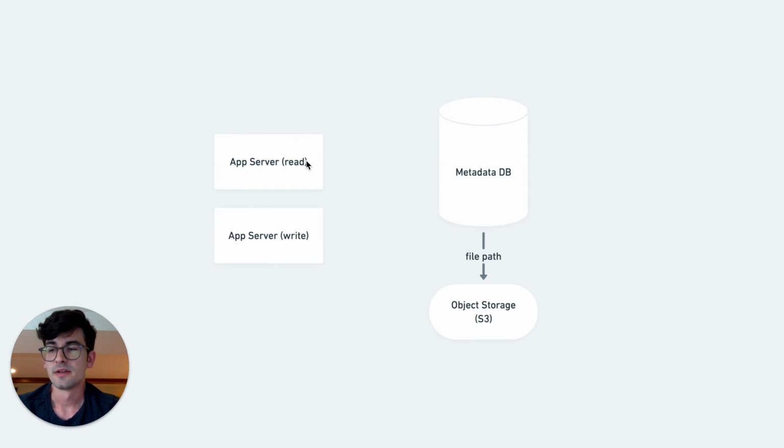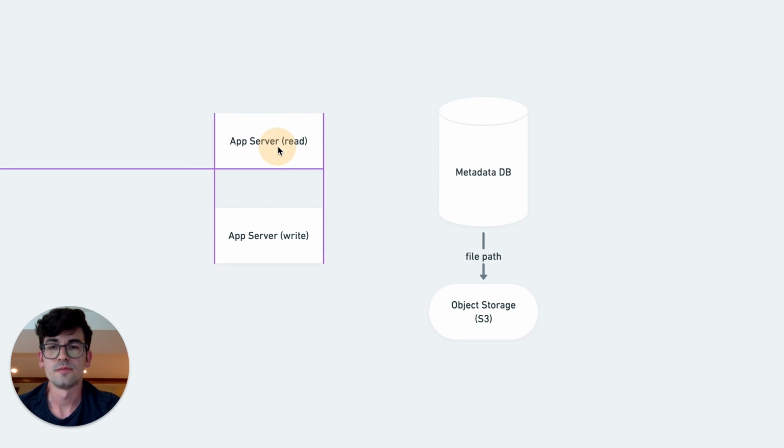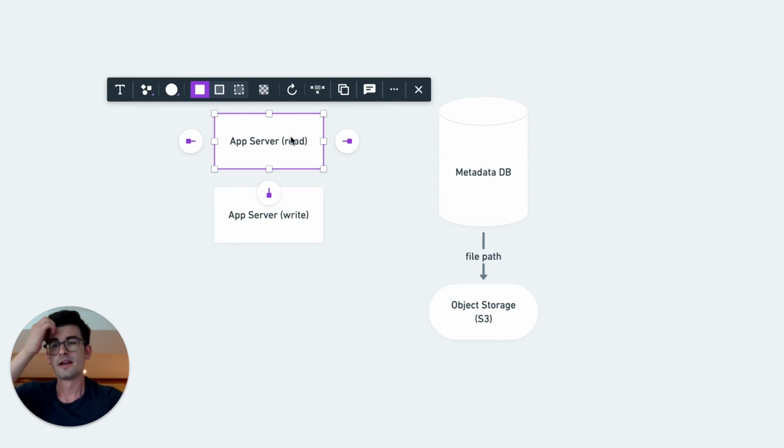They might require different types of caching and other things. So for example, for our read service, we might implement caching in between the database and the app server, like in-memory storage like Redis. This would allow us to return frequently accessed data much faster than making a request to the database every single time.